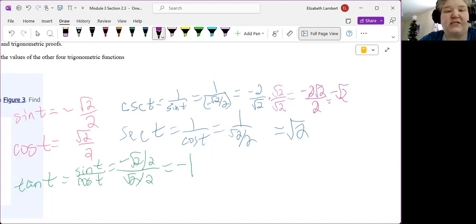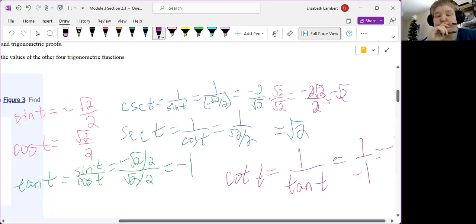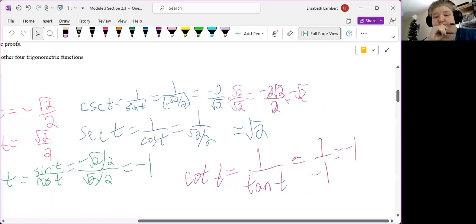And then the very last one, our cotangent, is 1 over the tangent. And 1 over negative 1 is negative 1. So it is possible for the tangent and the cotangent to be equal for a particular angle.